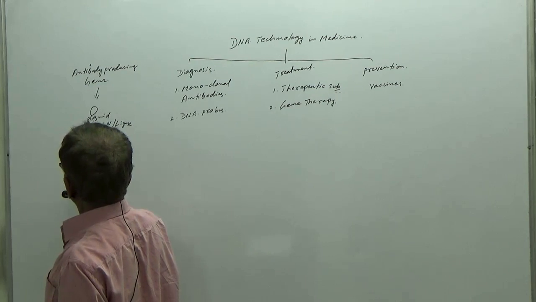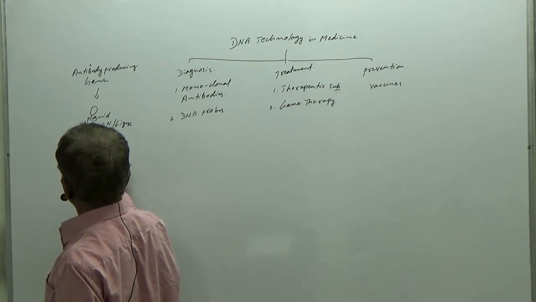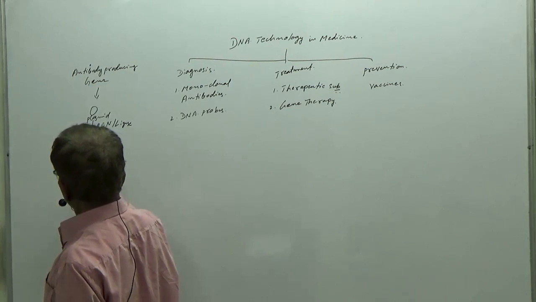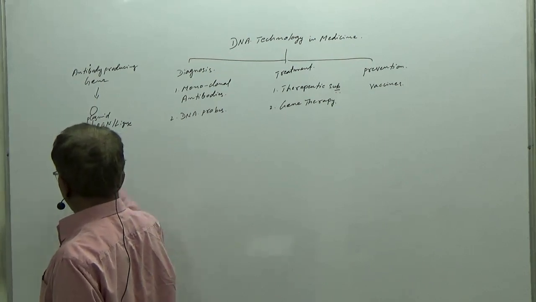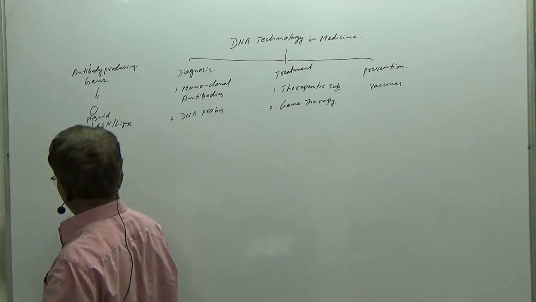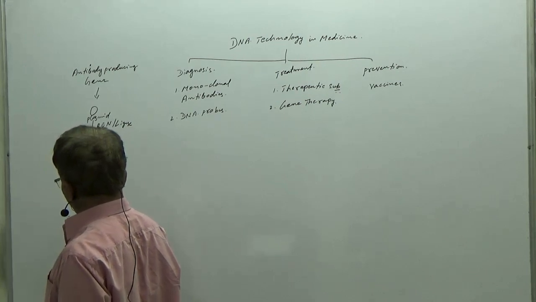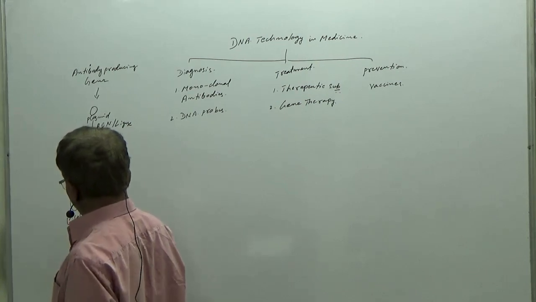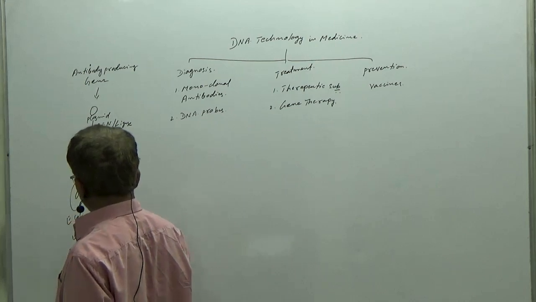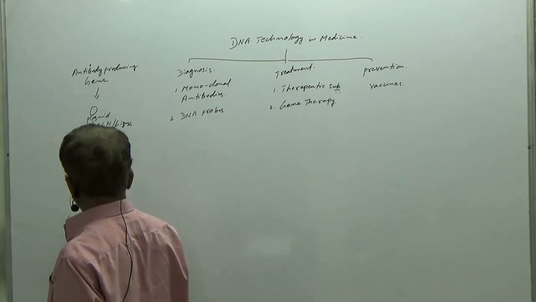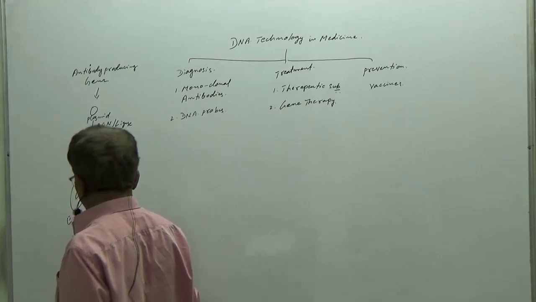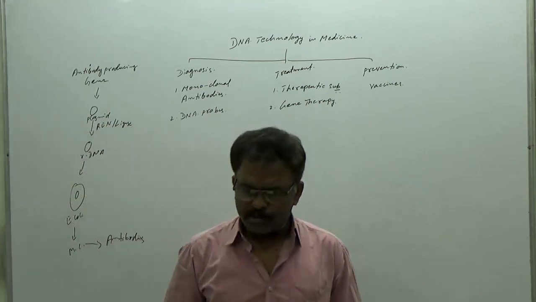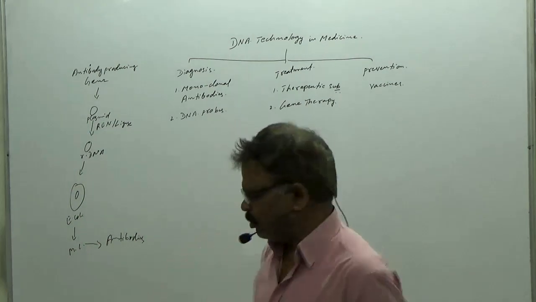Then this is rDNA. They select the microorganism E. coli, then insert it. Then they develop it in microbial culture. Then automatically this microorganism produces these antibodies. Same to same. This is one method.